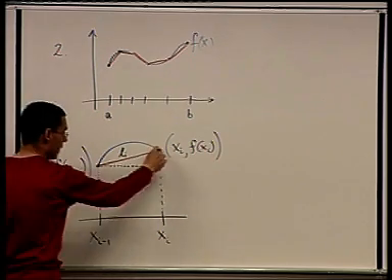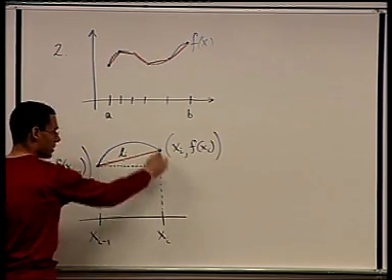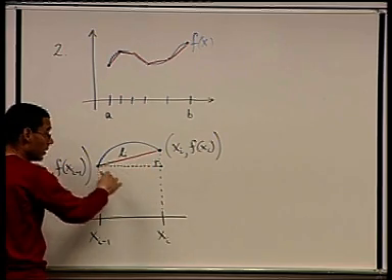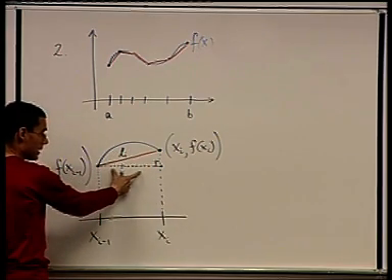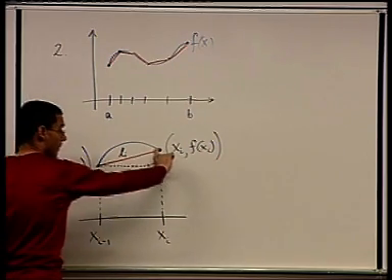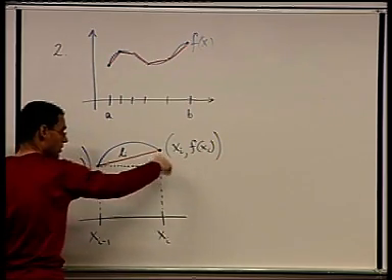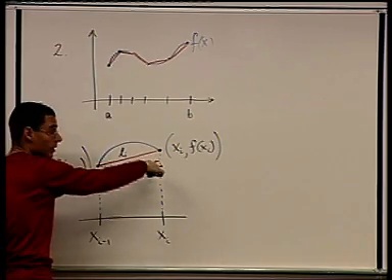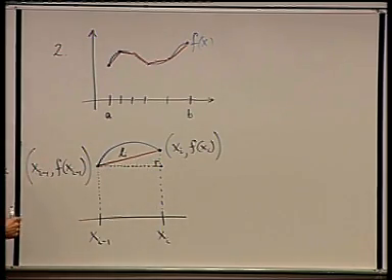I can do a Pythagoras argument on this right triangle, and Li squared is this squared, which is just the difference in the x's, plus this squared, which is the difference in the f of x's, square root. Do you agree?